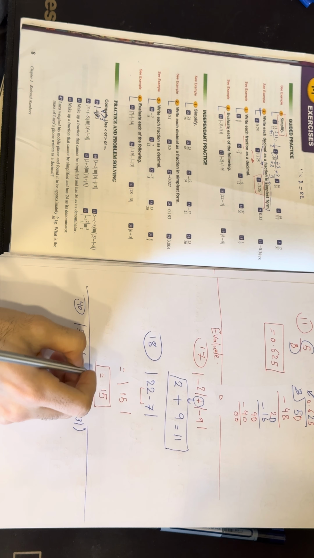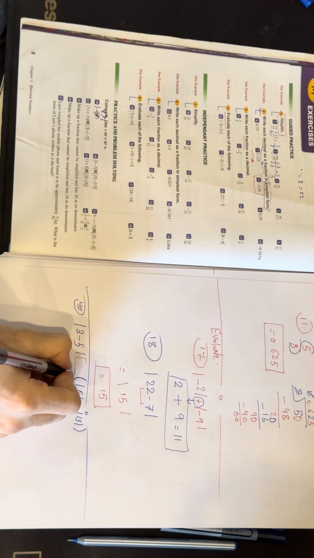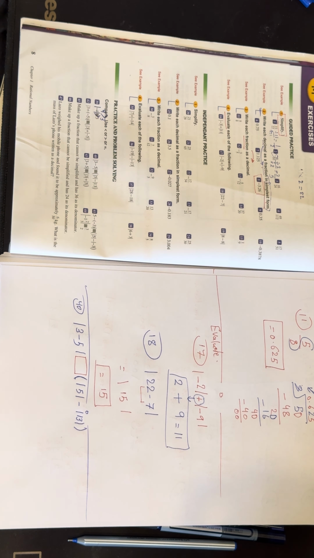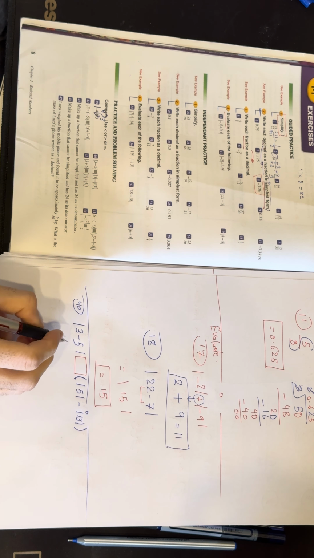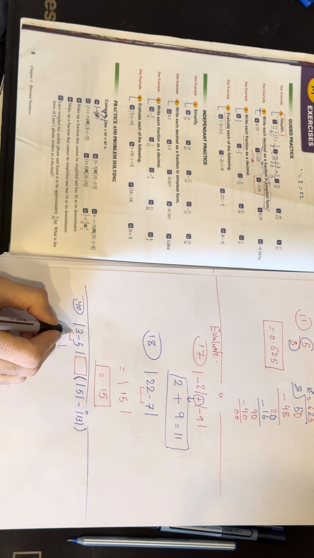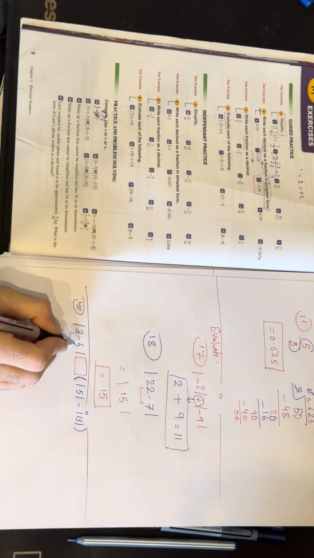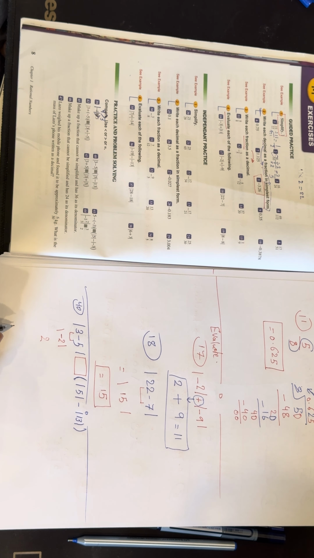Now I'm going to decide which one is bigger or smaller, or if they are equal. First of all, we already said if you have one of those, you need to simplify first, then remove the absolute value. 3 minus 5 will be negative 2, because 5 is bigger and the sign of 5 is already negative, so the negative will stay. After we remove the absolute value, this negative becomes positive, so this side is equal to positive 2.